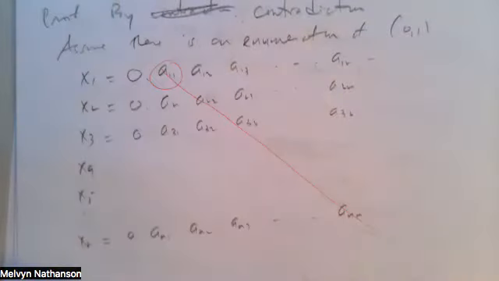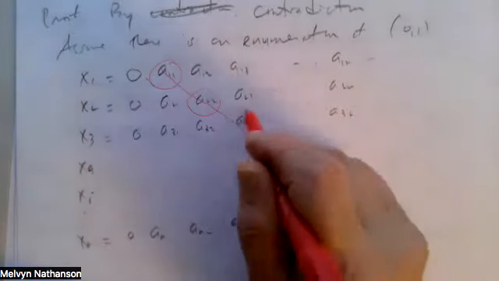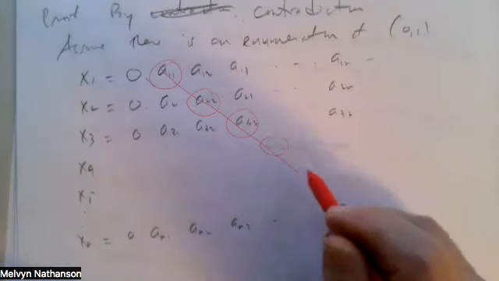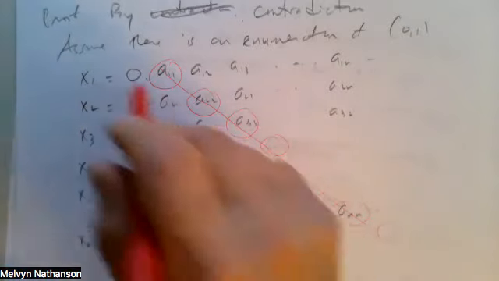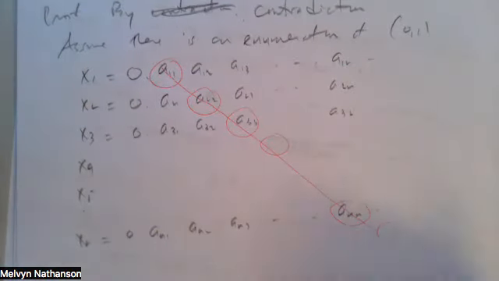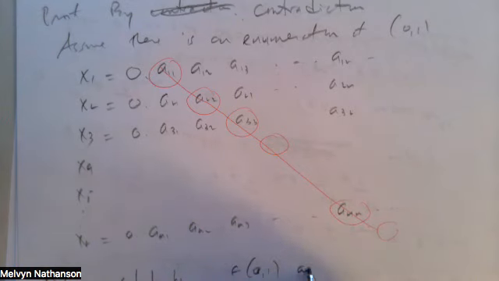Look at the first digit in the first number, second digit in the second number, third digit in the third number, fourth digit in the fourth number, so on, the nth digit in the nth number. Look at this sequence of digits and define a number y with decimal representation b1, b2, b3, and so forth in 0, 1 as follows.